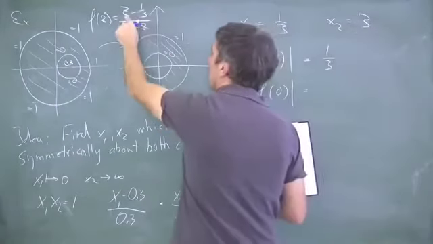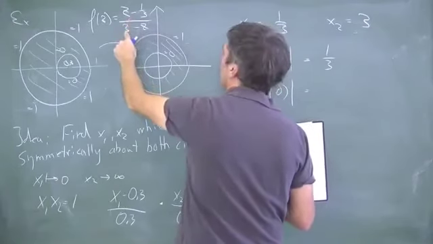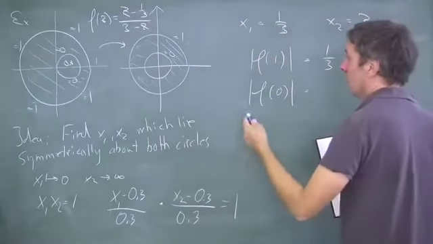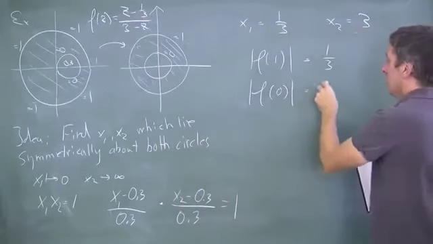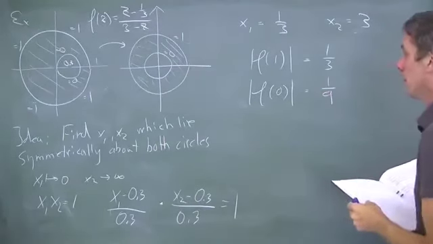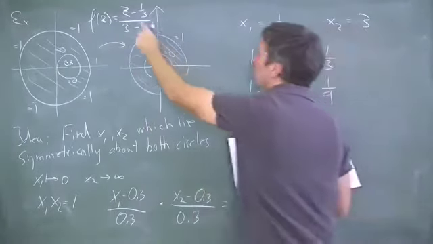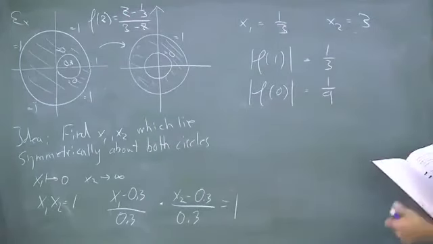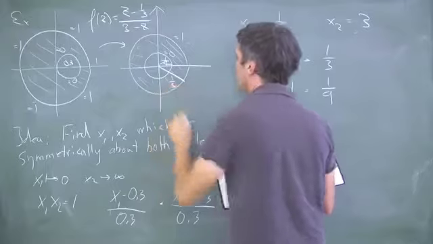Then you get minus 1/3 up here, and sorry, you get 0 minus 3 minus 0 down here, and then you get 1/3 divided by 3, which is 1/9. So here are the radii now. This is 1/9, and this is 1/3.